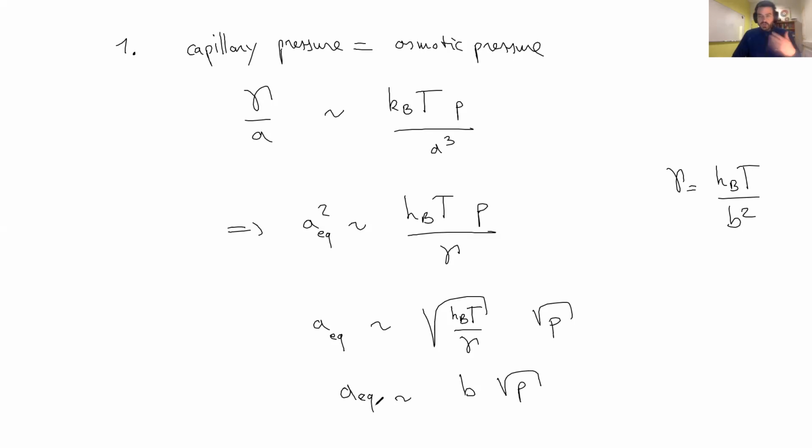So if you put a lot of solutes or ions in your solution, well, this is much bigger than a molecular radius. So it means that you're able to stabilize your droplet with a size that is really mesoscopic. It has plenty of water molecules inside, provided that P is sufficiently large, so that you put a lot of salt here.